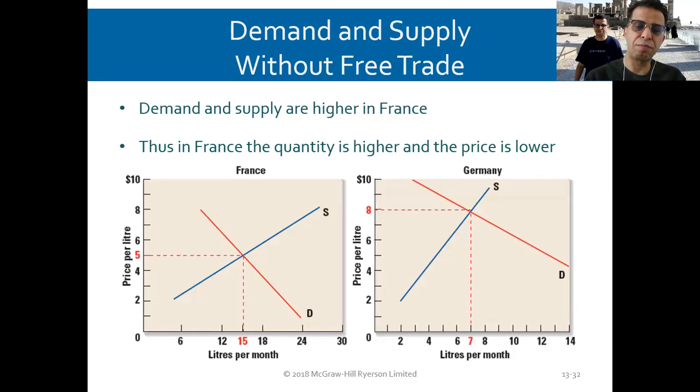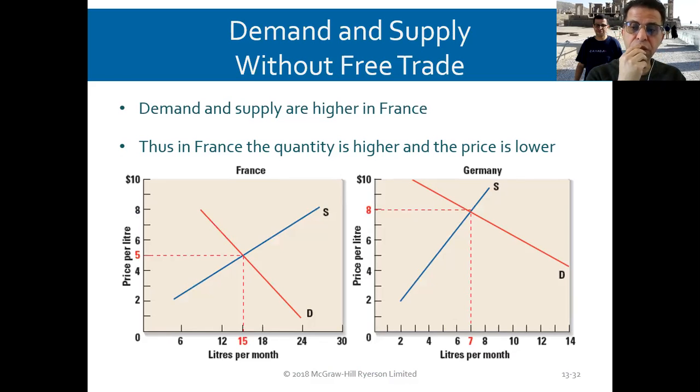Now, another example, if we're looking at demand and supply without free trade, for example, in France, they consume lots of wine. It's one product now, not two different products like wheat and beans or wood and oil. Let's assume that France consumes more wine.